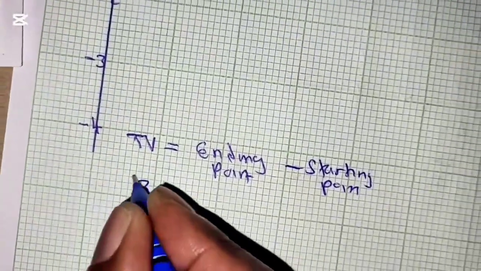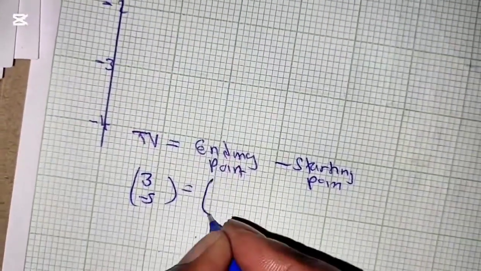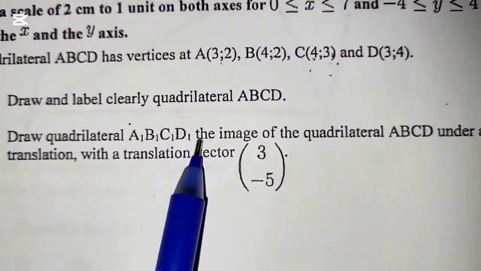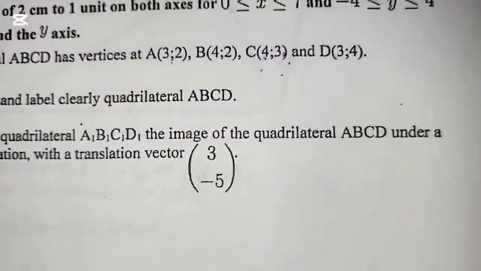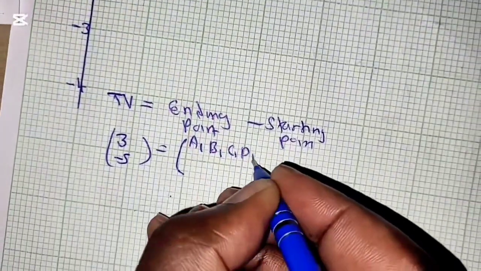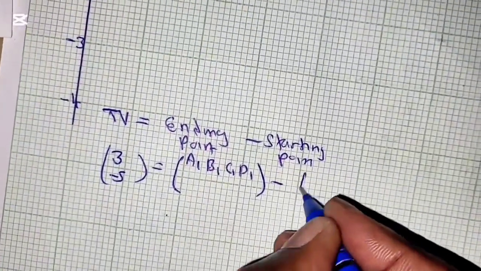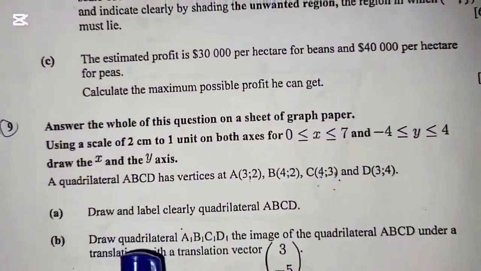So I'm going to write 3, then negative 5 here is equal to the ending point. It's the quadrilateral A1, B1, C1. That's the ending point. So I'm going to write A1, B1, C1, D1, right? Minus starting point. Let's read our question carefully.